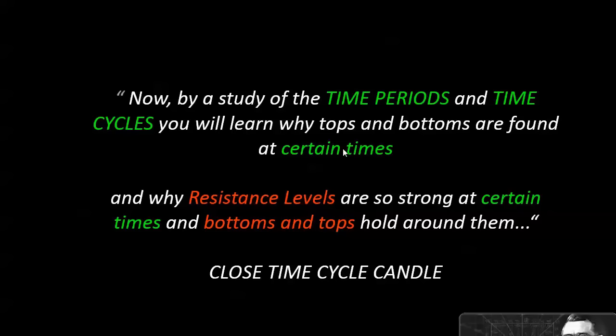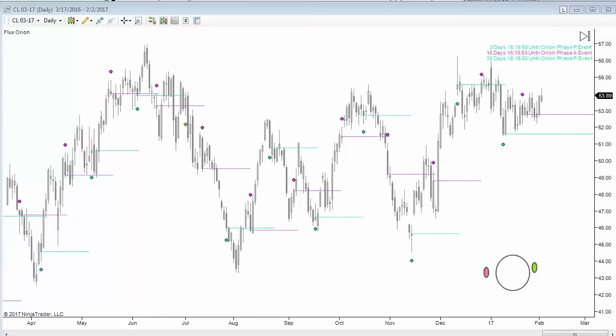So we've seemingly found very important times where crude, in fact, is making very predictable, very reassuring moves at certain times, these phase A and phase P events. But what about the support and resistance Gann promised us?